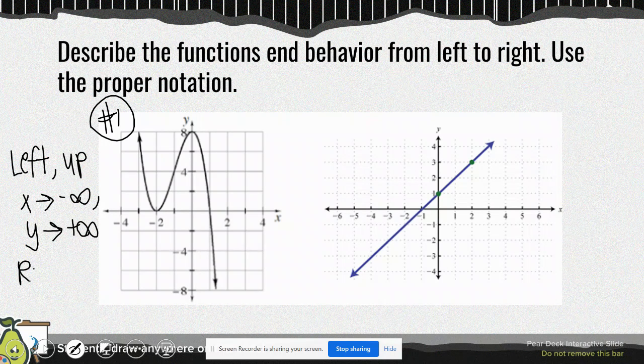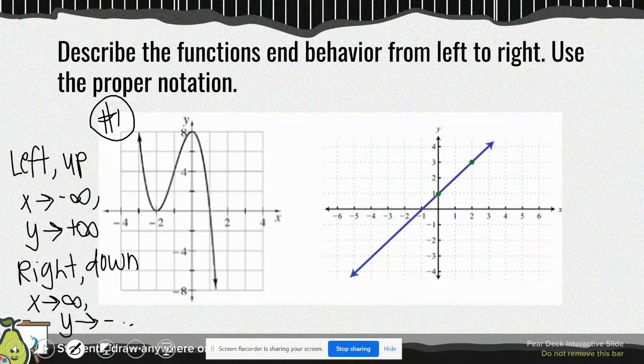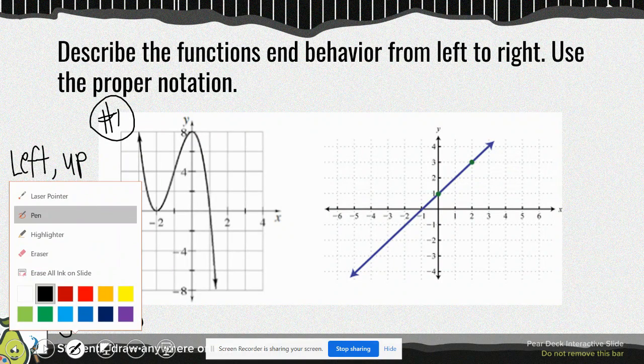And on the right, it's pointing down. So my notation is going to say as x goes to the right towards positive infinity, my y value is pointing down towards negative infinity.